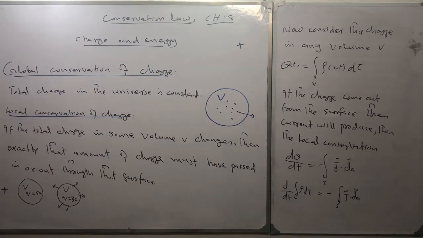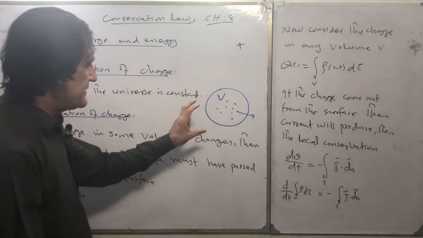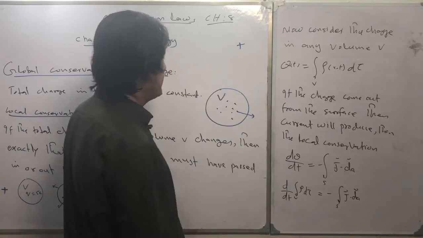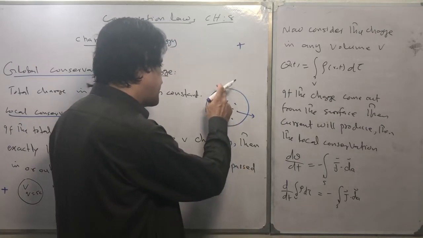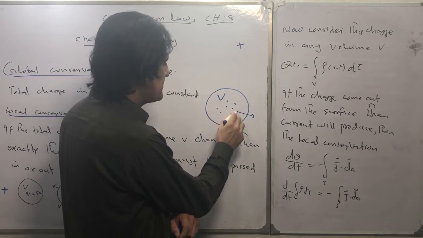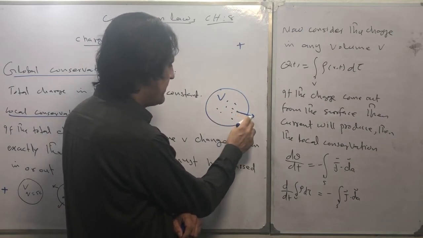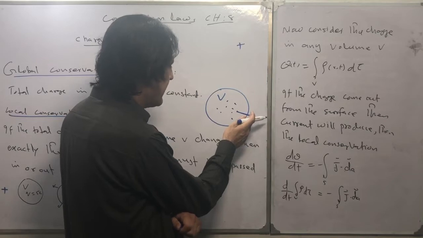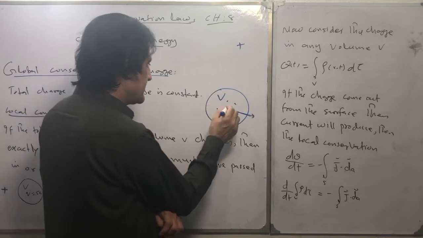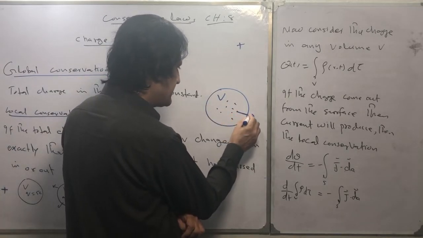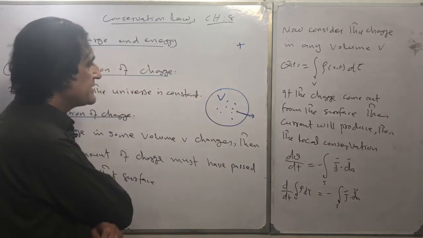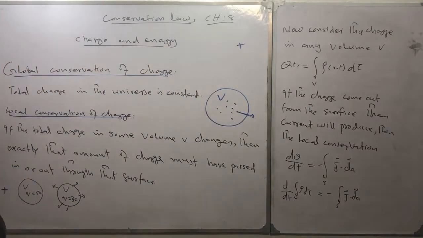Then we can say that there is some decrease or increase of charge in this volume, and when the charge goes from this volume to here, this can be considered a local charge conservation, because the charge only passes from this surface or this end to this surface. So this is called local charge conservation.